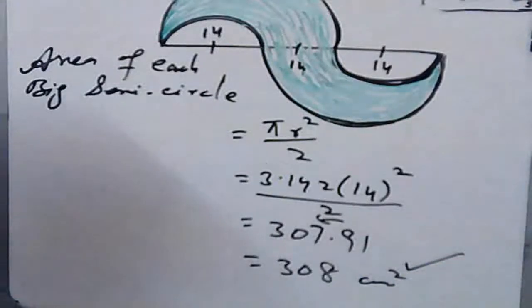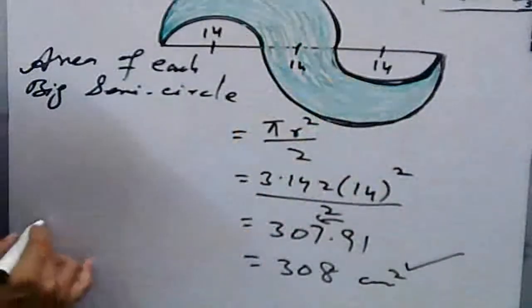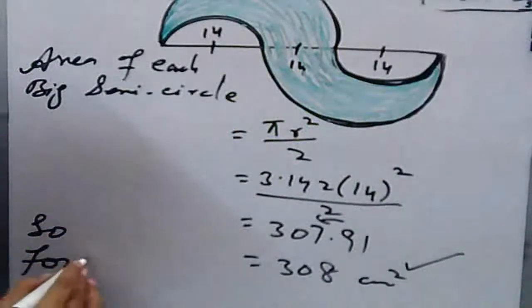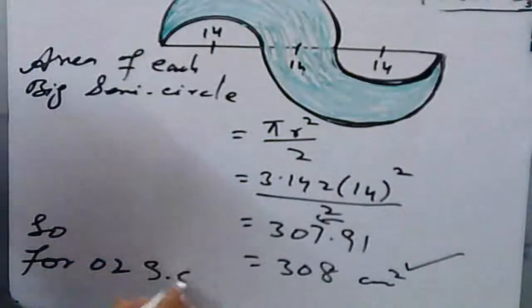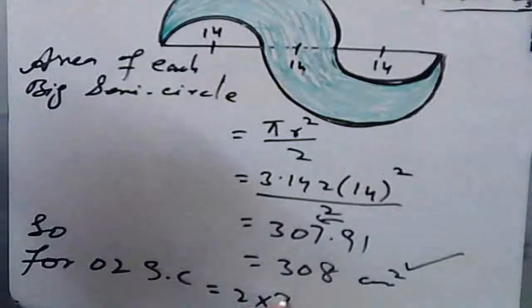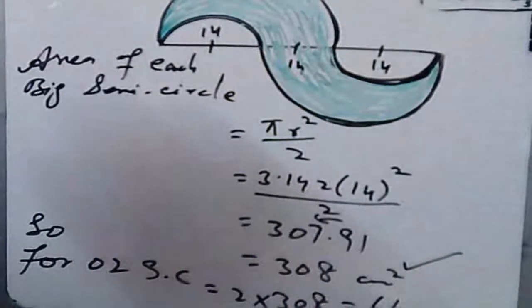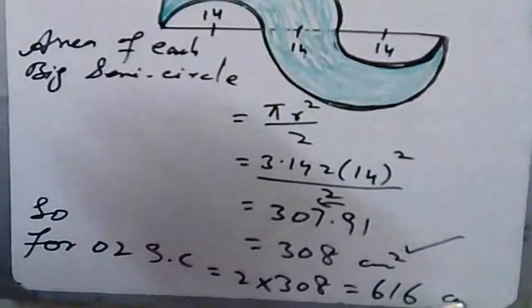Now we have to find the area of 2 semicircles, which is equal to 2 multiplied by 308, you will get 616 centimeter square.